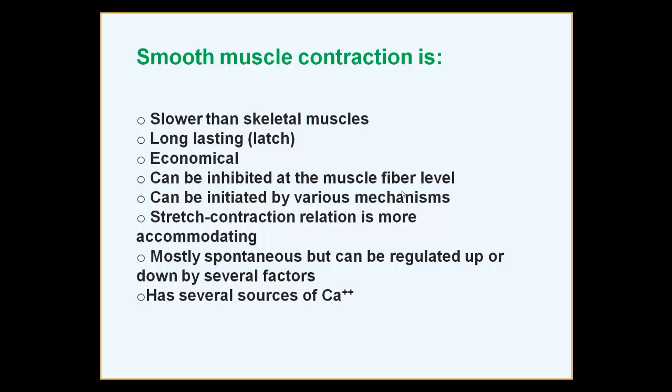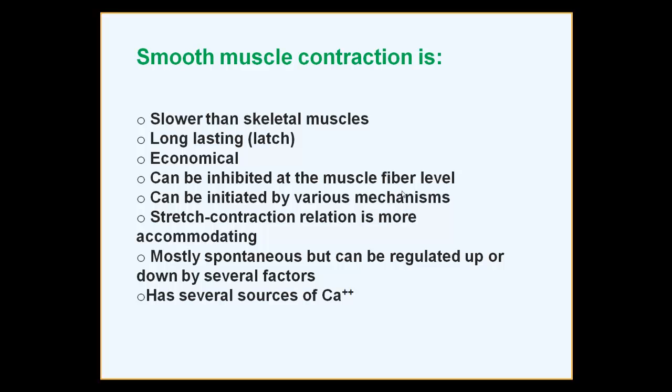But what I want you to remember is the length tension relationship we had in the skeletal muscles. If we overstretch a muscle, like when you put your arms behind your back, your power is much obliterated. We don't have that here. The smooth muscles have the ability to stretch 2.5 times beyond their original length and don't lose any of their power, or you can reduce the length to half of its original length and still you have a contraction.